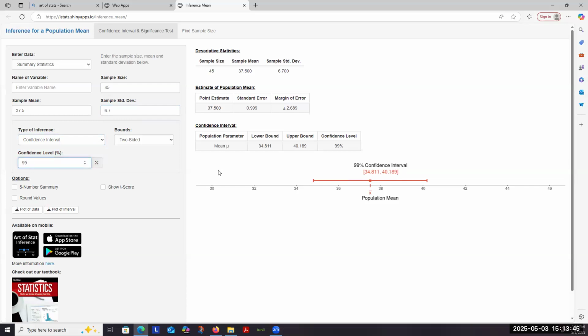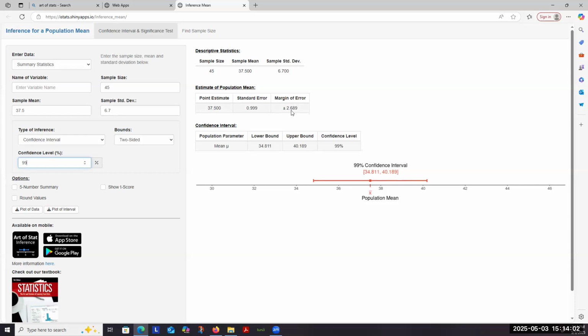So this is the information that you get from here. You see the marginal error that we got over here was 2.6, and this is exactly the same thing.